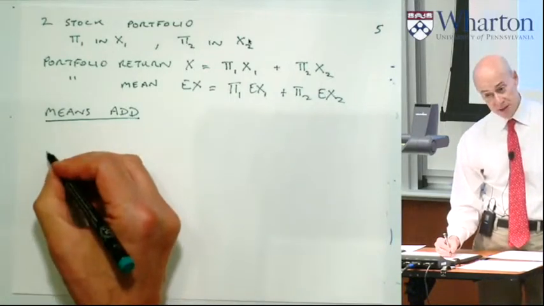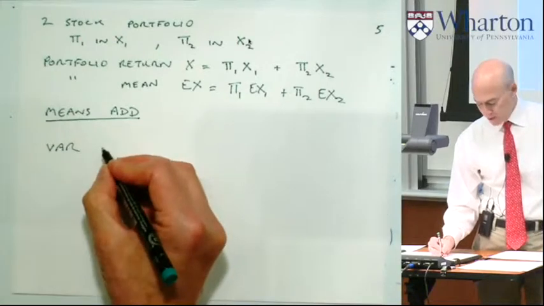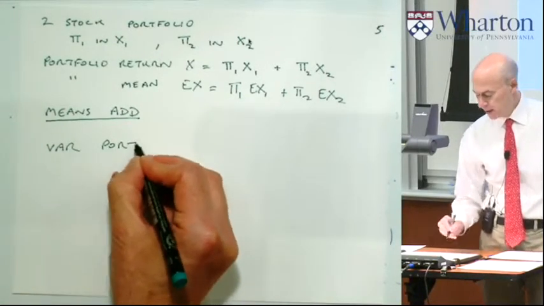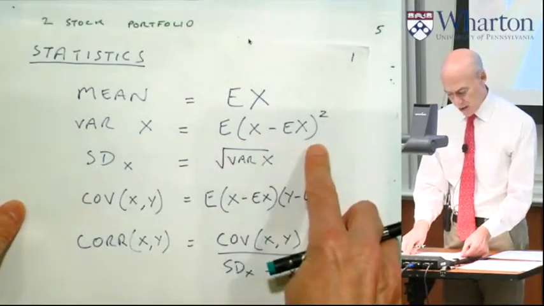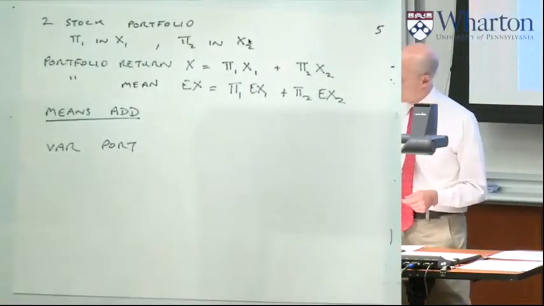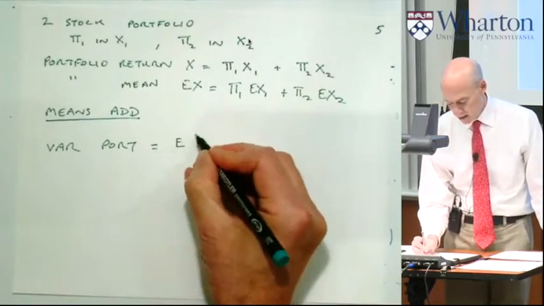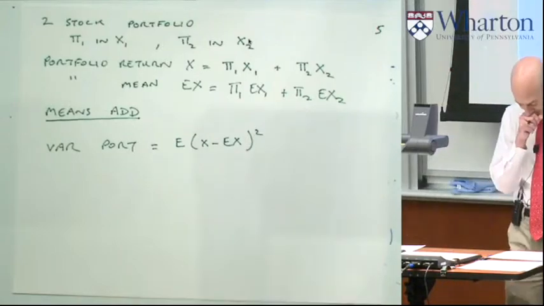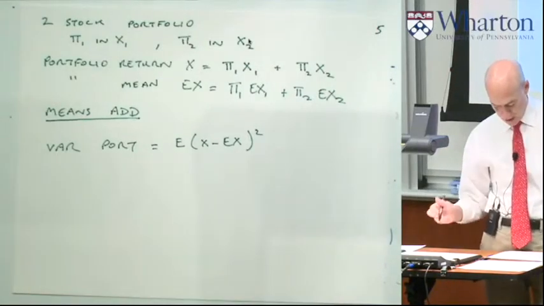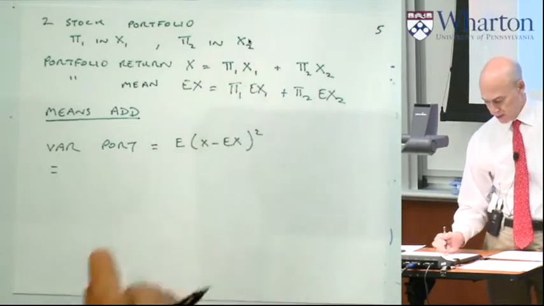What about variances? We've got the variance of a portfolio. We know from what we did at the beginning in our statistics review that it's just E of (X minus EX) squared. And we can just substitute in using our two expressions here.